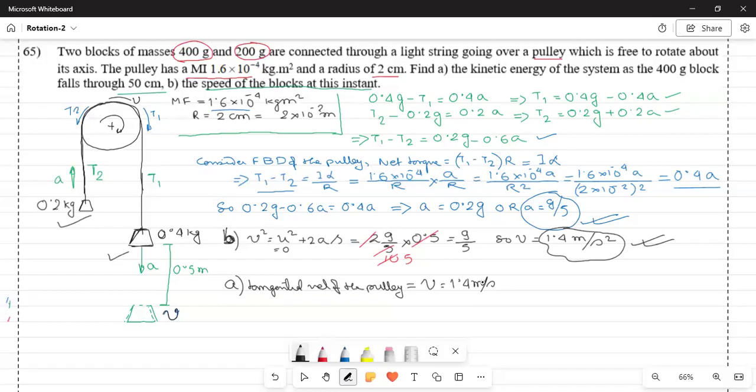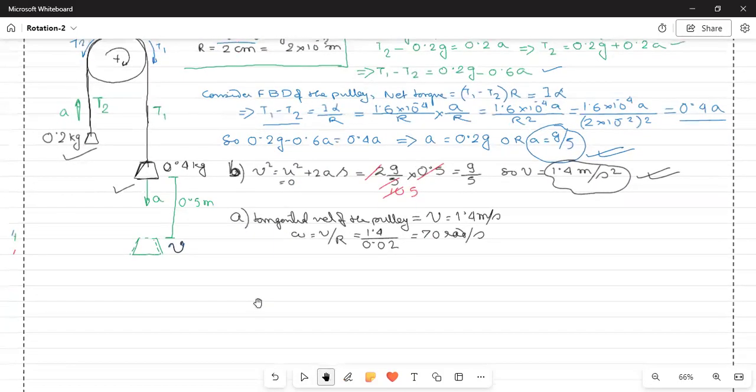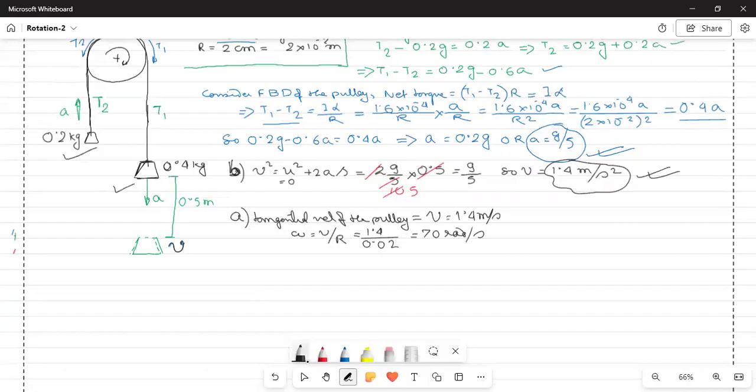And omega is equal to v by R, which is 1.4 divided by R. R is given 2 centimeter, that means 0.02, which becomes 70 rad per second.